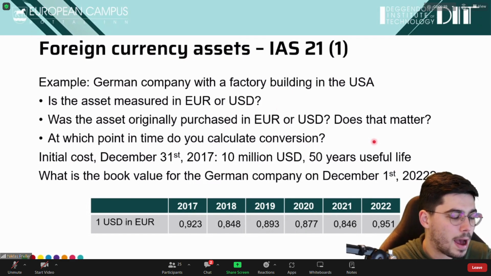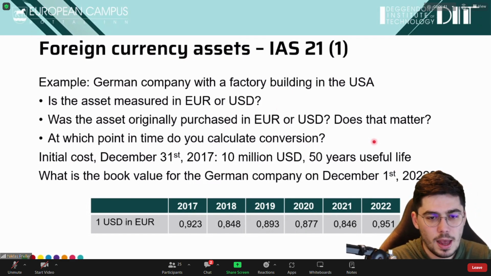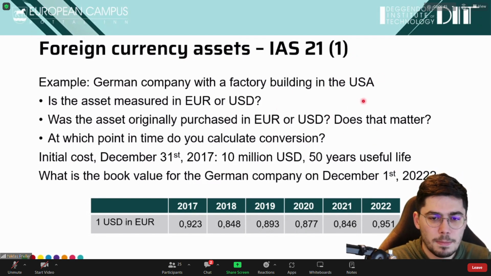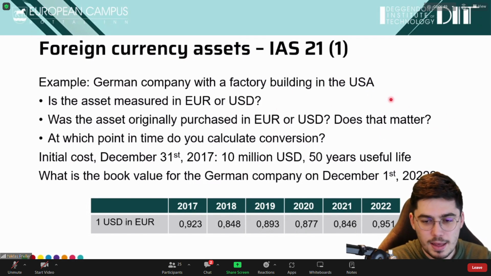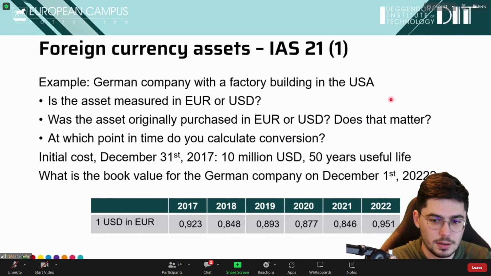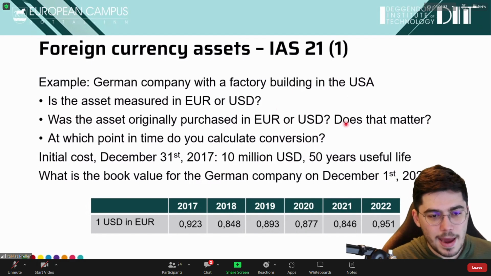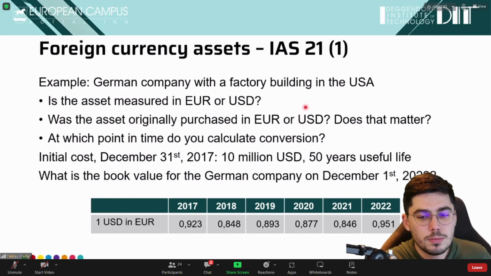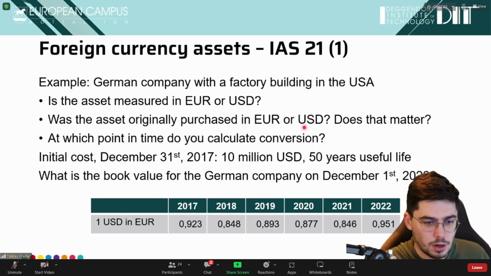So there might be a distinction here, but the central question is, does it matter? From an accounting point of view, it doesn't. It does not matter whether the asset was originally purchased in euro or US dollars. We assume now that we paid in US dollars.